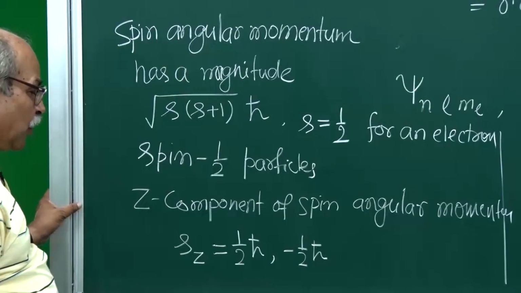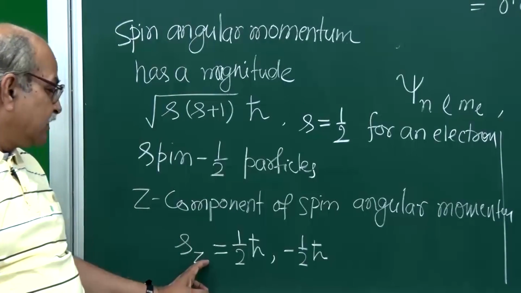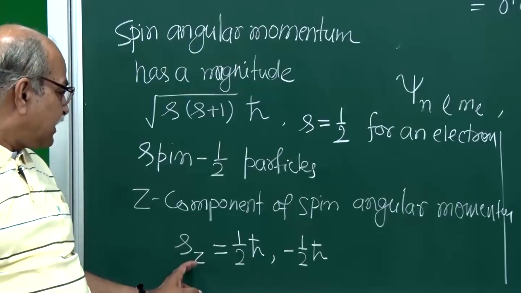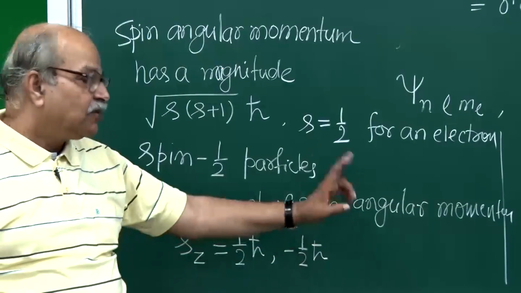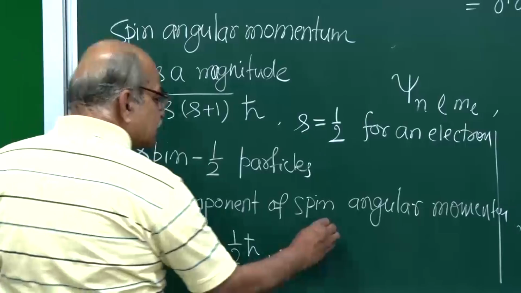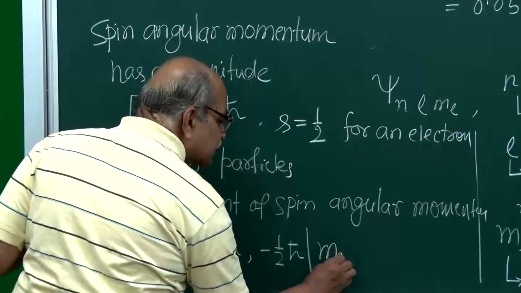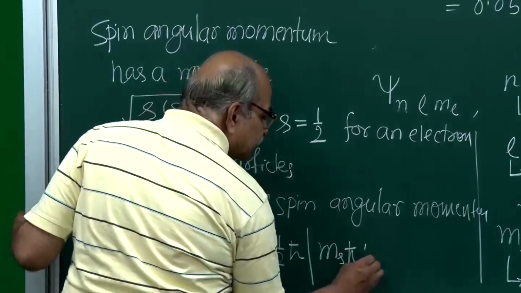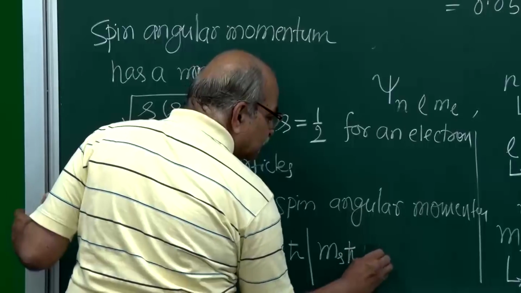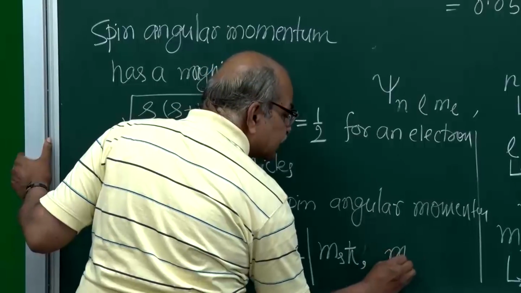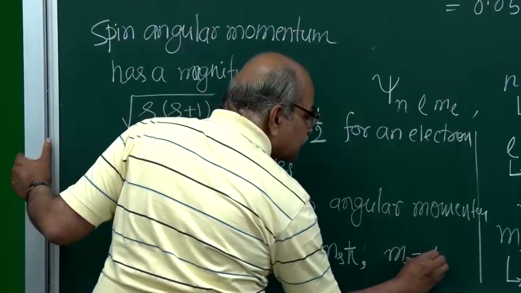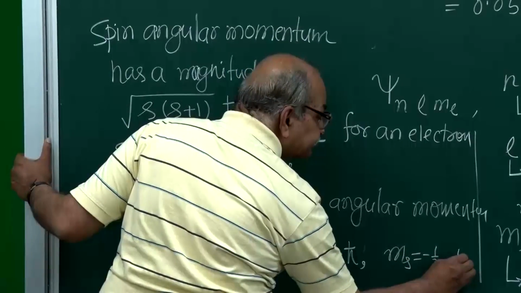So these are the two possible values of Sz, that means possible values of the z component of spin angular momentum. You can write this as ms h cross, where ms is minus half or plus half.